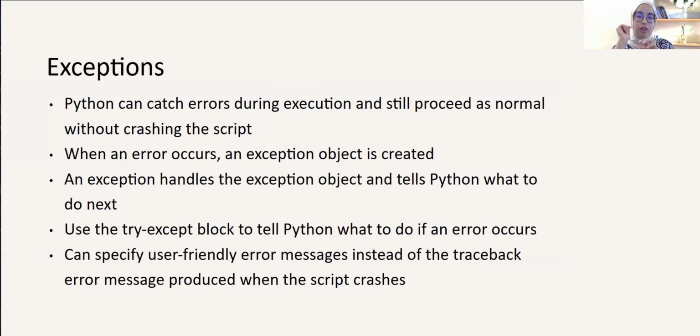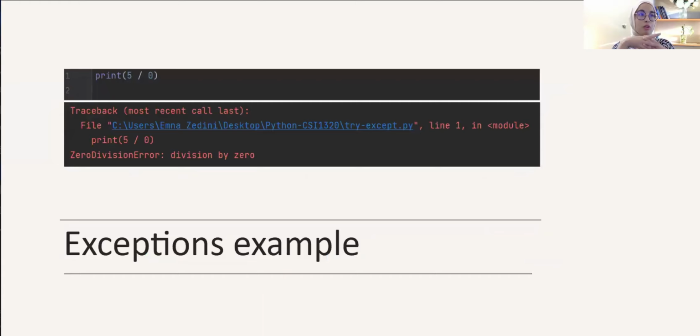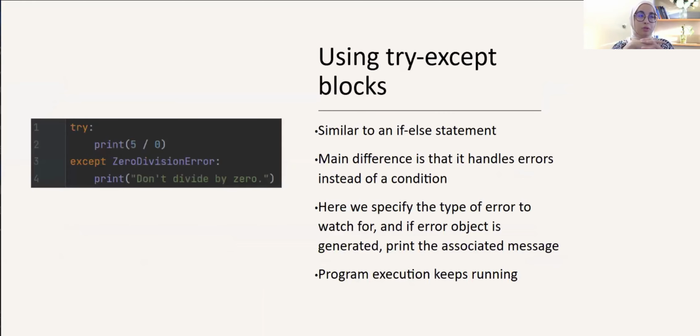The reason this is nice is that you can create a custom error message, be more specific, and help the user understand what they are doing. So this is just an example of an exception.